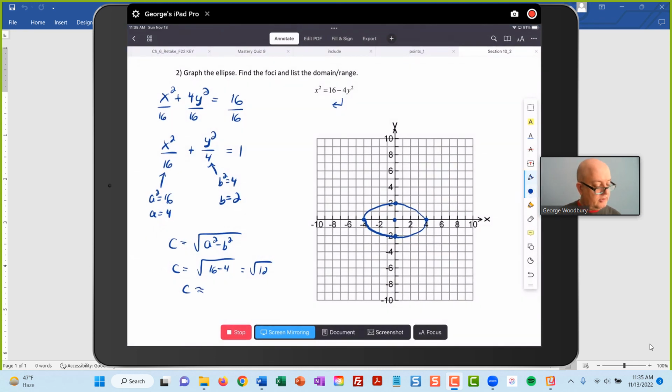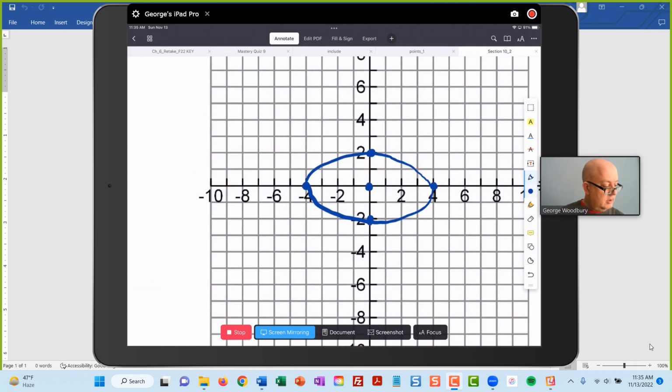So C is approximately 3.5. And so if we zoom in, the foci are going to be 3.5 to the right and the left. Pretty far from the center, relatively speaking.